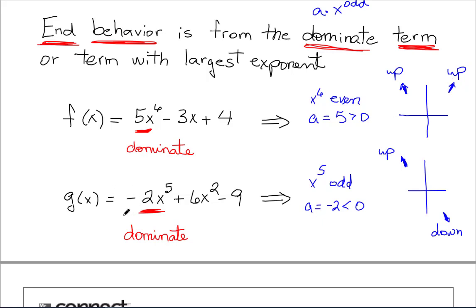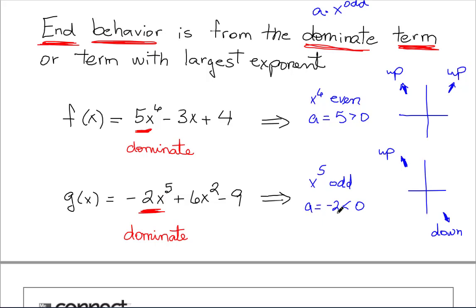Whereas if we had g of x is minus 2x to the fifth plus 6x squared minus 9, the highest exponent is x to the fifth. So this is the term that's going to dominate the far left and the far right behavior. Well, it's x to an odd power.